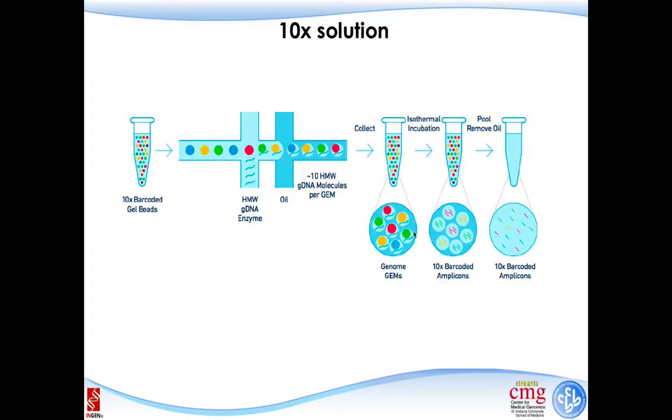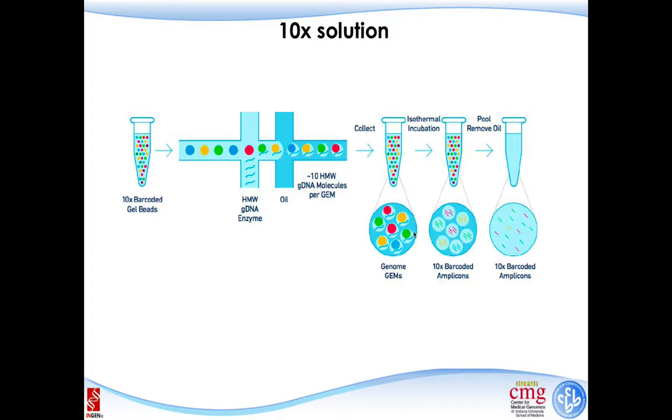And on the bead, there is actually a barcode for this specific DNA sequence. So by the end of the process, every single read coming from this one DNA molecule will carry exactly the same barcode, and the ones coming from this other DNA molecule will carry a different barcode.